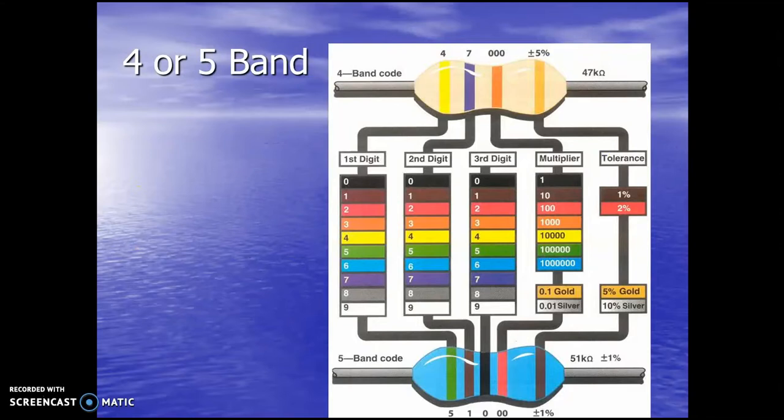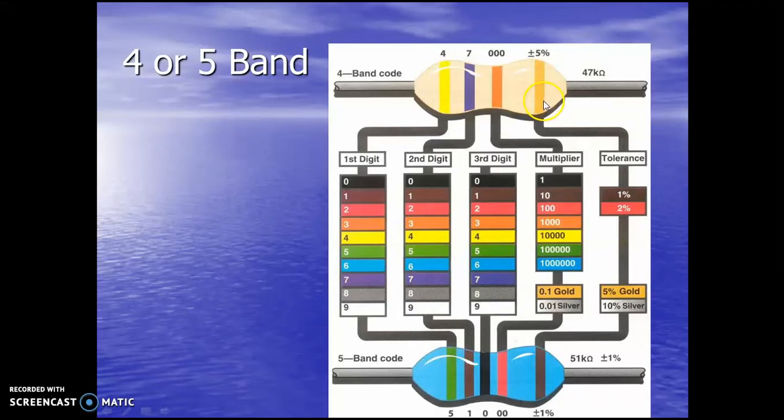Okay, so I promised you that I would give you some tools to help with interpretation. This is a picture. There are some laminated cards inside the classroom for you to look at, but you can pull this off of the internet extremely easily. And you can see, again, we have our gap between the bands and our precision.